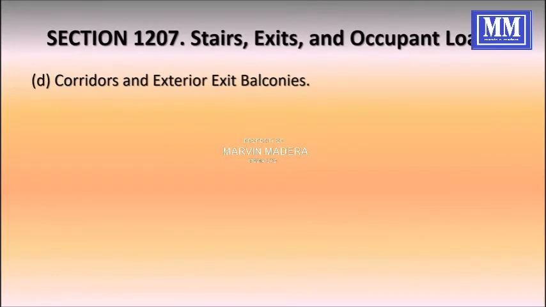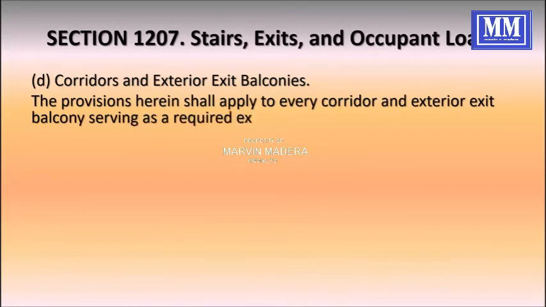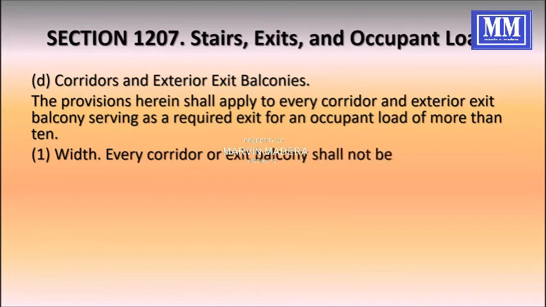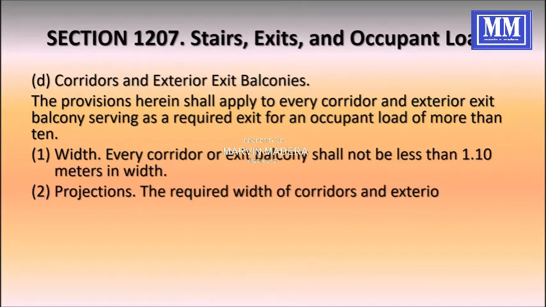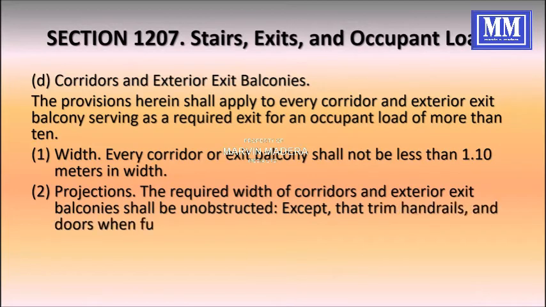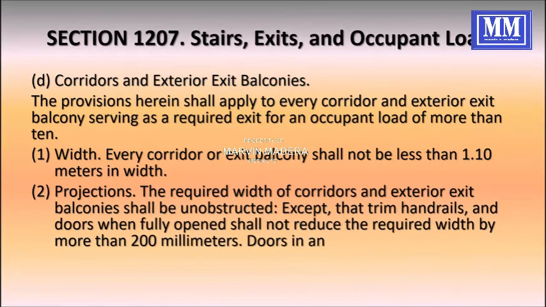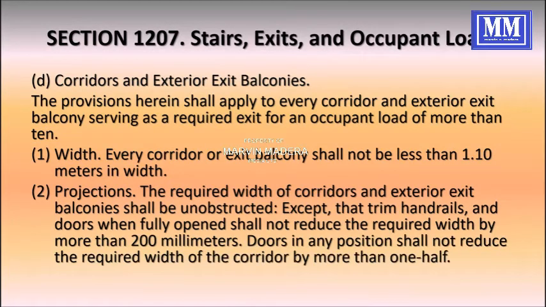Corridors and interior exit balconies. The provisions herein shall apply to every corridor and exterior exit balcony serving as a required exit for an occupant load of more than 10. The width of every corridor or exit balcony shall not be less than 1.1 meters.